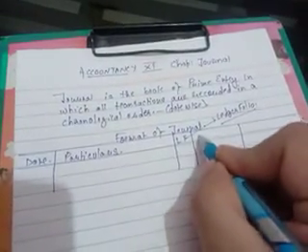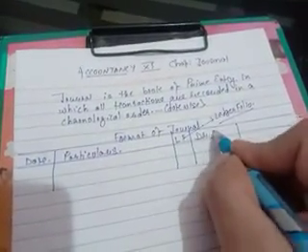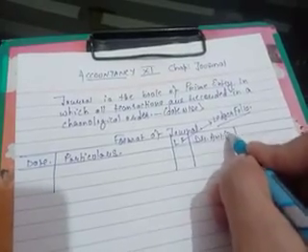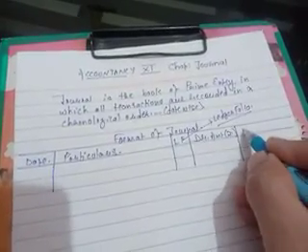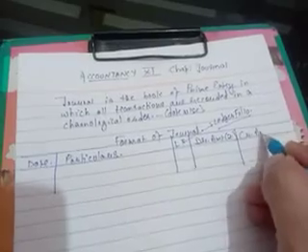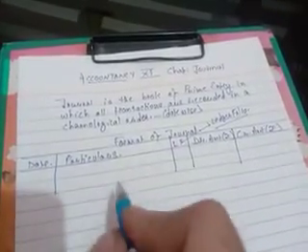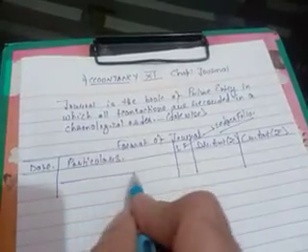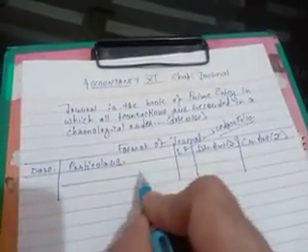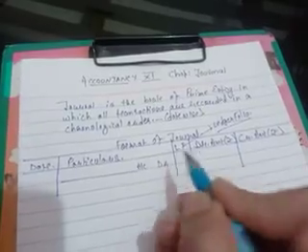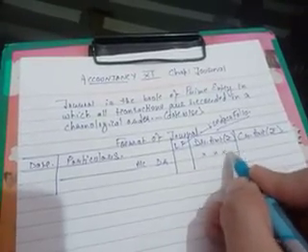Next column is debit amount in rupees, credit amount also in rupees. So whatever account is to be debited, it is written dash account debit and the amount will come in this column.